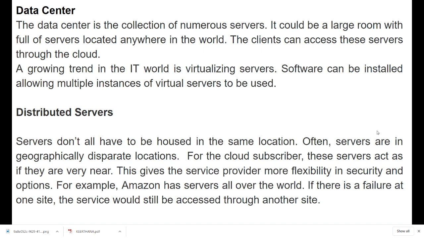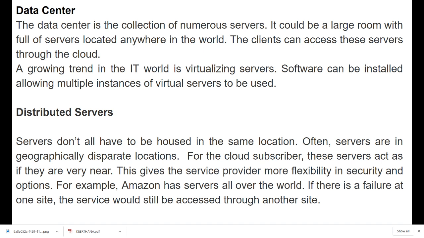The next one is distributed servers. The distributed server is nothing but the data centers are placed in different locations. For example, Amazon has a lot of servers throughout the world. If one server crashes, automatically the clients can access using the next server which is placed in some other place.